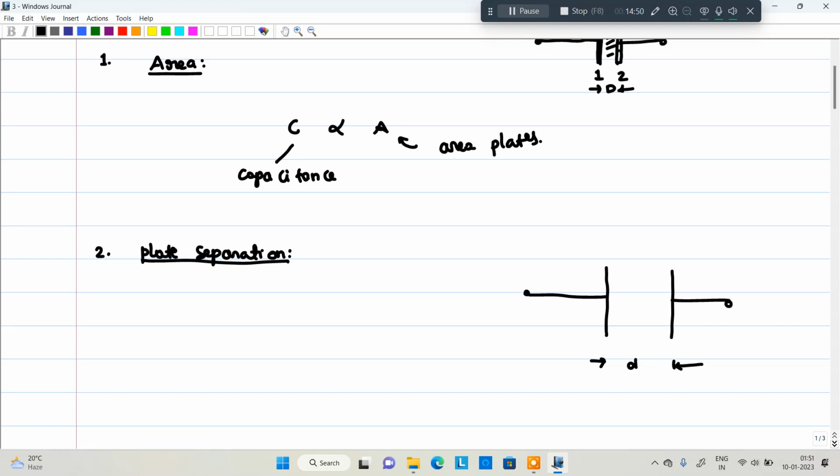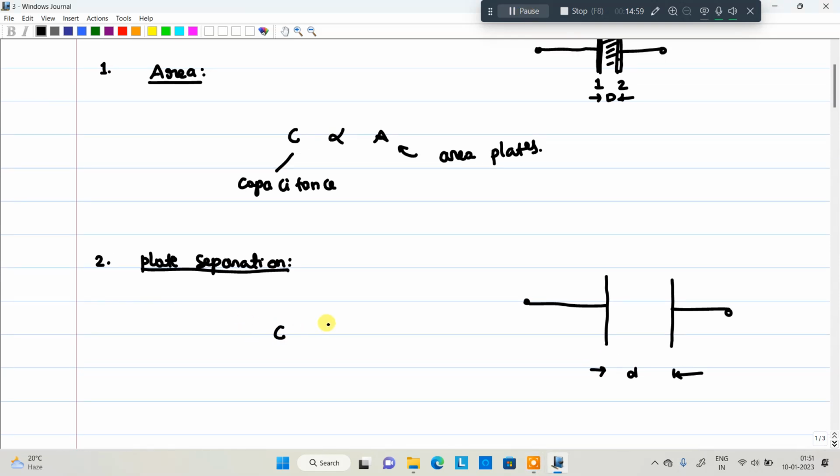The capacitance value decreases. That means capacitance is inversely proportional to the separation. Whenever distance increases, capacitance decreases. Whenever distance decreases, capacitance increases. Both are inversely related.